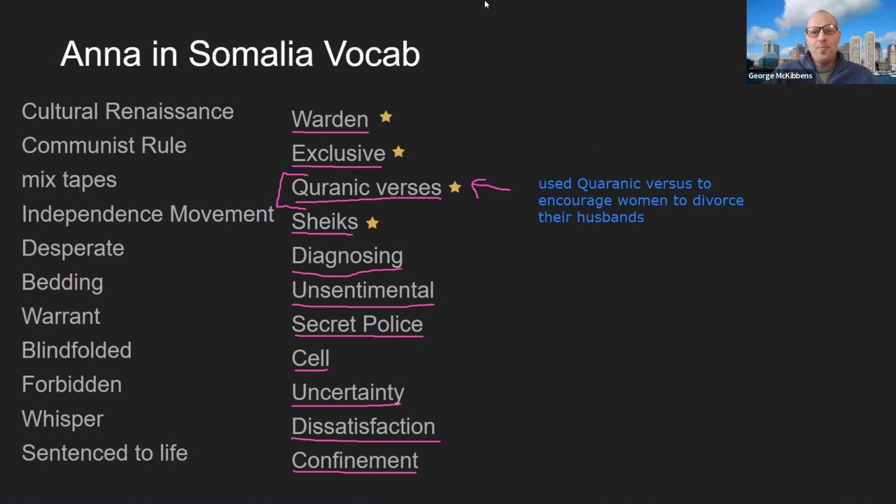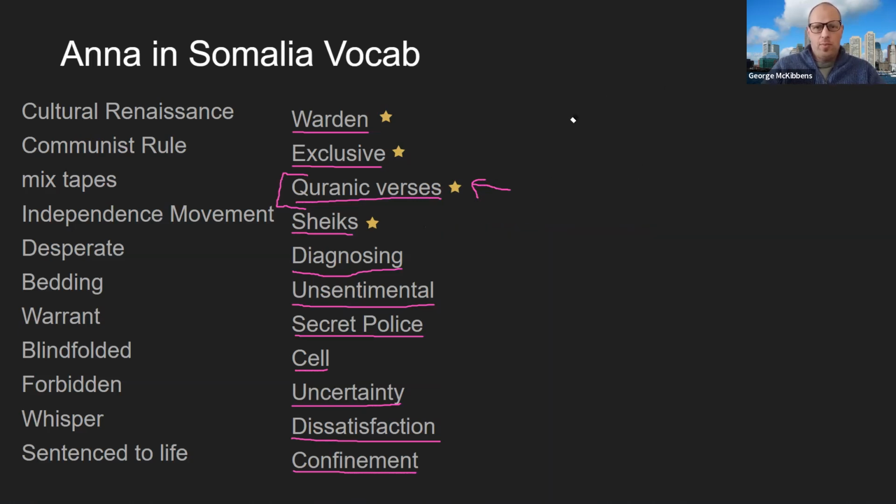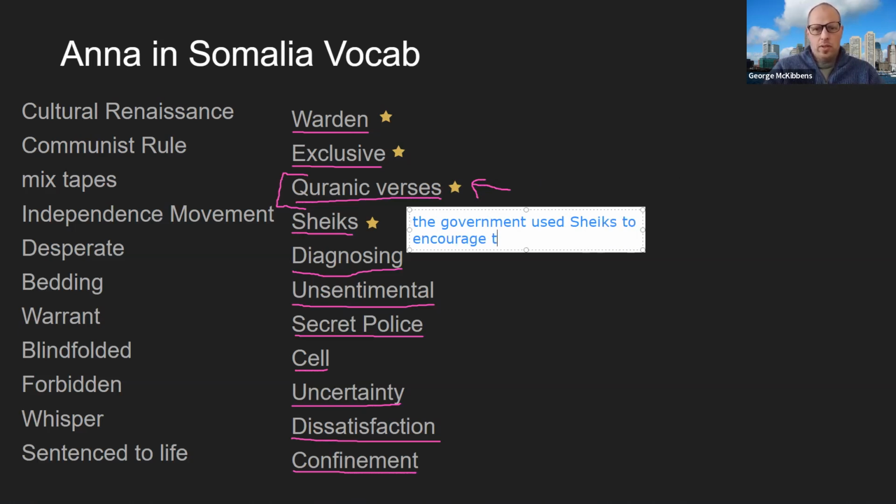So yes, tribal leaders. So the government used sheiks, S-H-E-I-K-S, tribal leaders, to encourage these women to divorce their husbands.